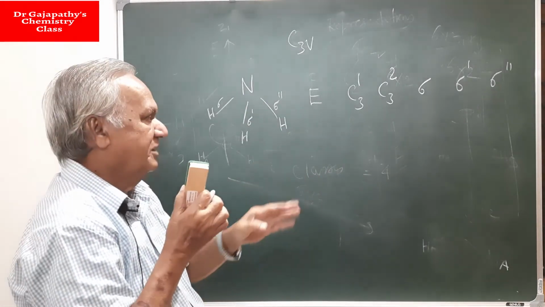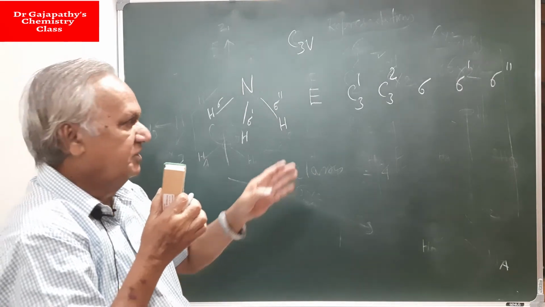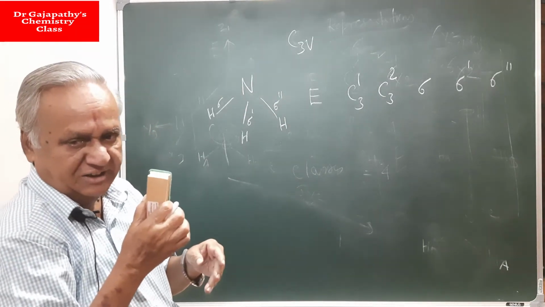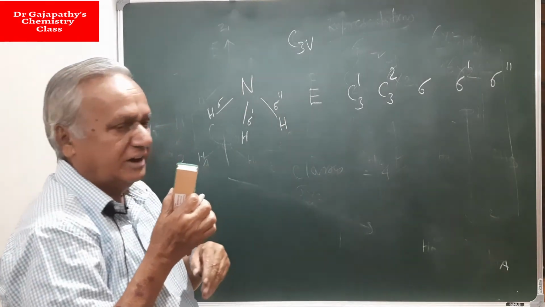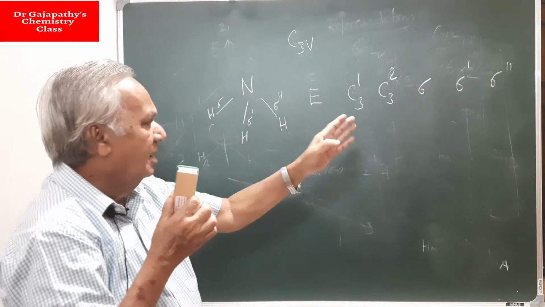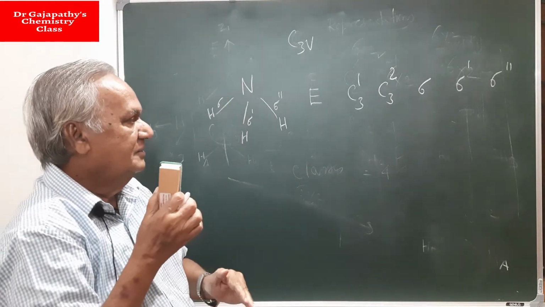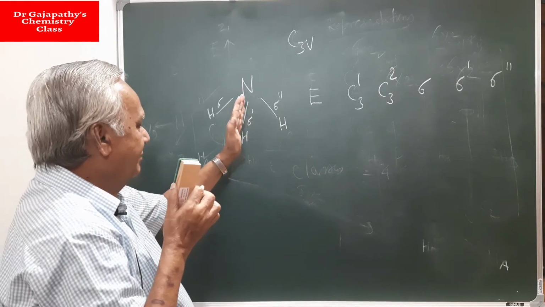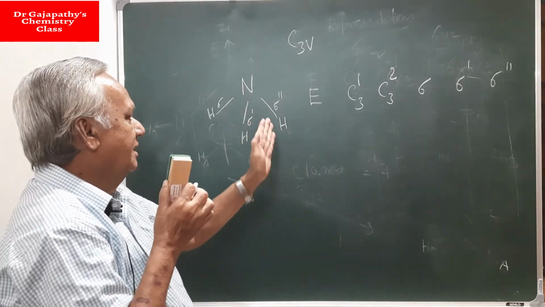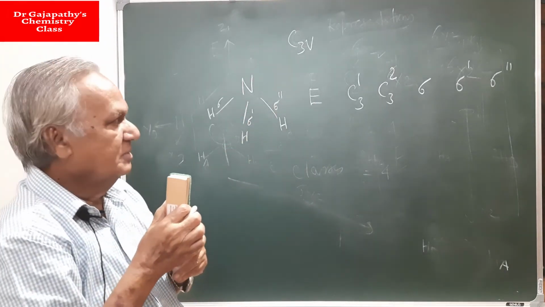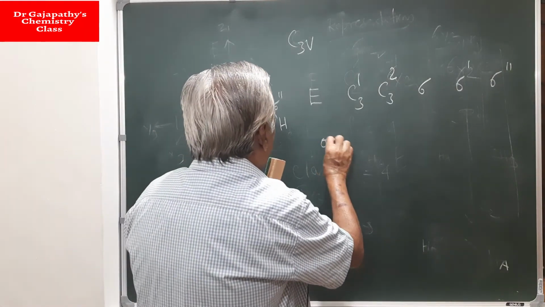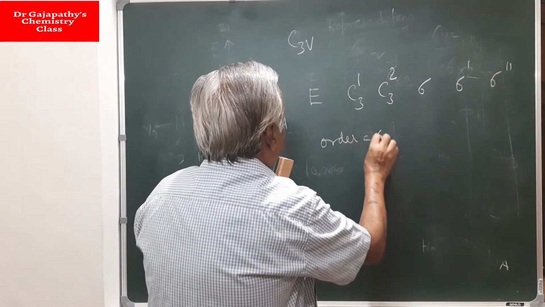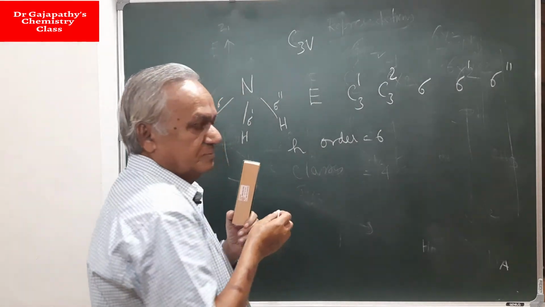An identity operation doing nothing, a C31 a 120 degree rotation, C32 a 240 degree rotation, sigma reflection in the left plane, sigma prime reflection in the central plane, and sigma double prime reflection in the right plane. So order is equal to 6. h is 6.